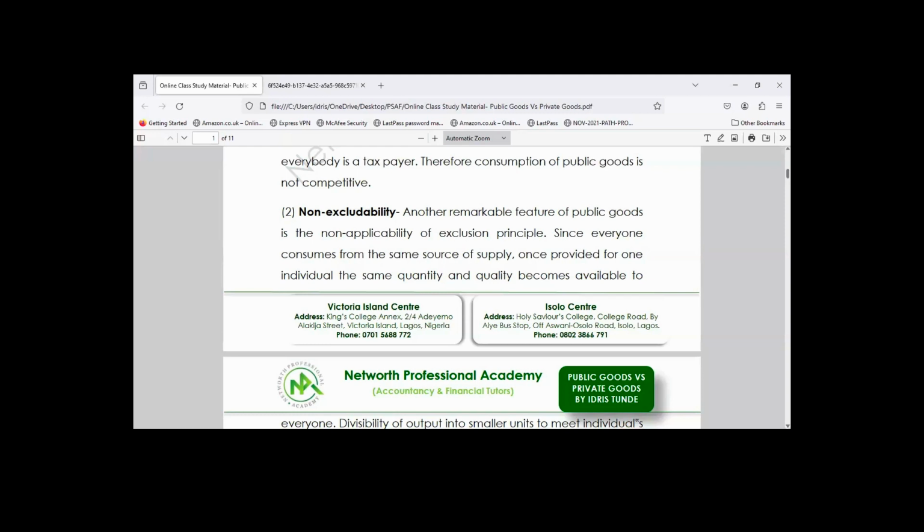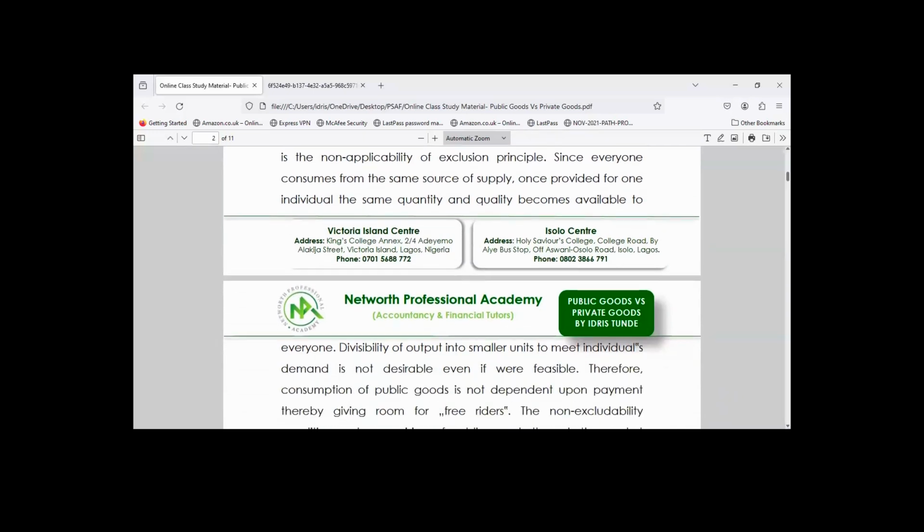Or they will ask you, if you are from Sokoto State, this is Yoruba bridge, don't climb this bridge. No. You are all Nigeria. You can't exclude anybody. Everybody will climb and go. That is non-excludability.